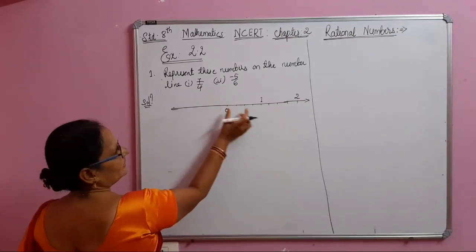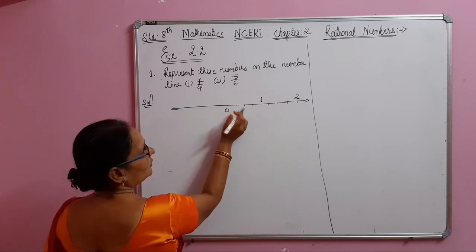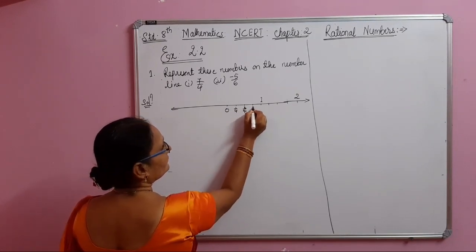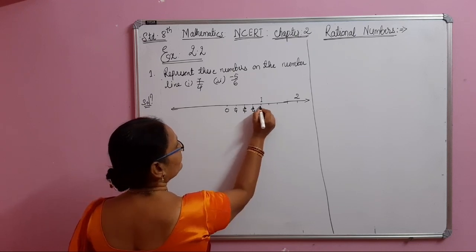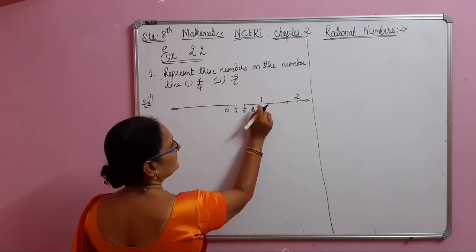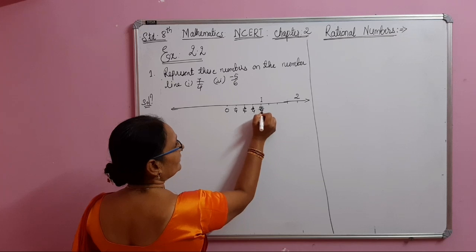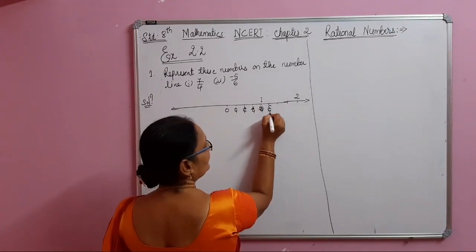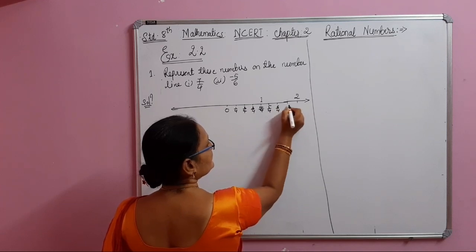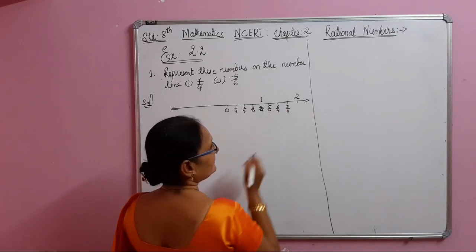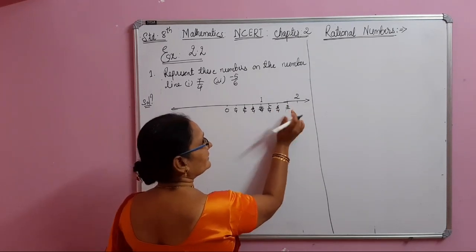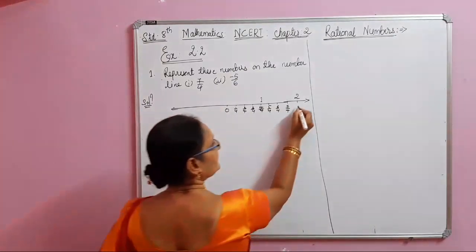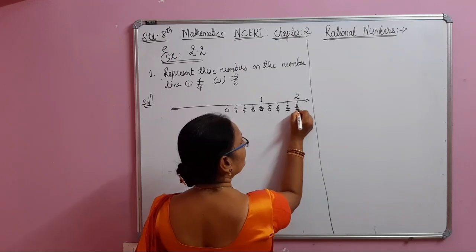So here in 1 unit there are 4 equal parts. That means this is 1 by 4, 2 by 4, 3 by 4, 4 by 4. 4 by 4 means 1. Next comes 5 by 4, 6 by 4, 7 by 4, and then next comes 8 by 4.